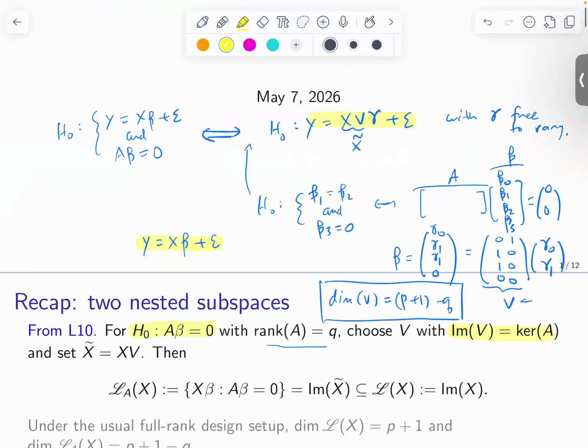But the idea is clear. You can fit the original model, and you can also fit the reduced model, and we can compare the models. The whole idea of the test statistic that we're going to build for this hypothesis testing is to fit the two models and then make a comparison.